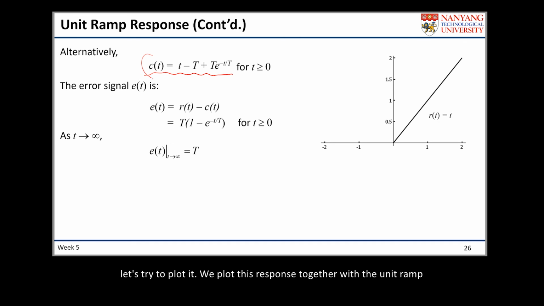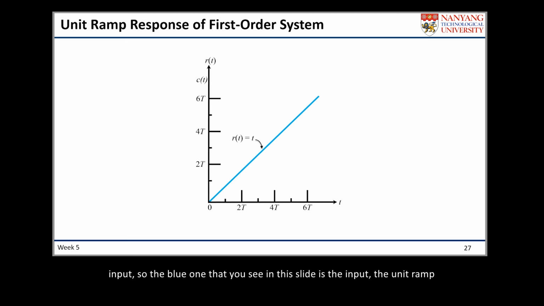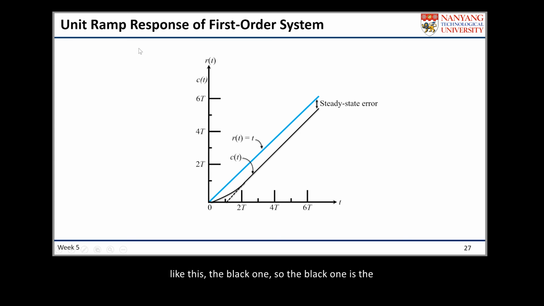We plot this response together with the unit ramp input. The blue one that you see in this slide is the input, the unit ramp input. And if you plot the response that we just evaluated, the response will look like this. The black one is the unit ramp response.